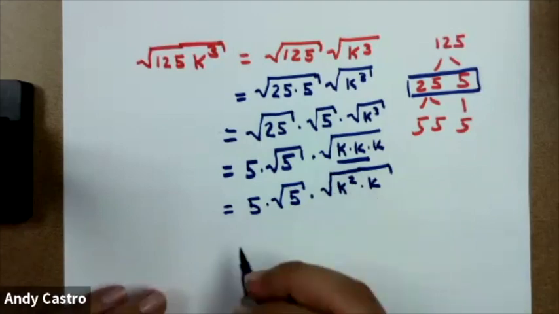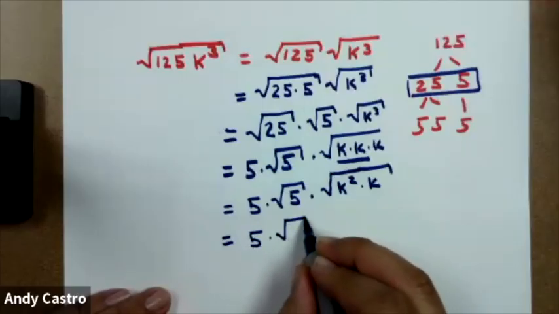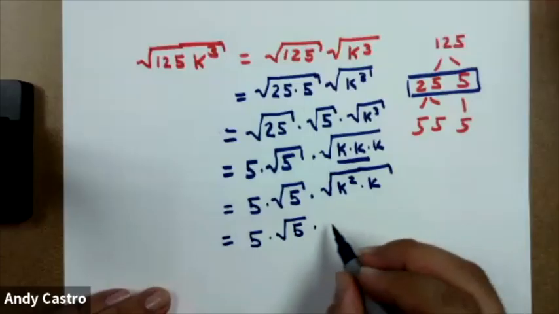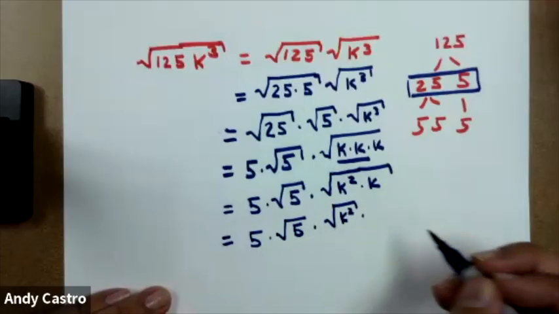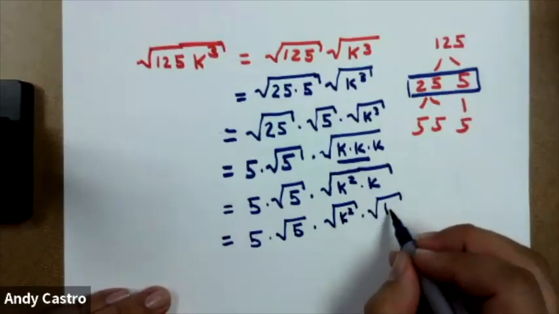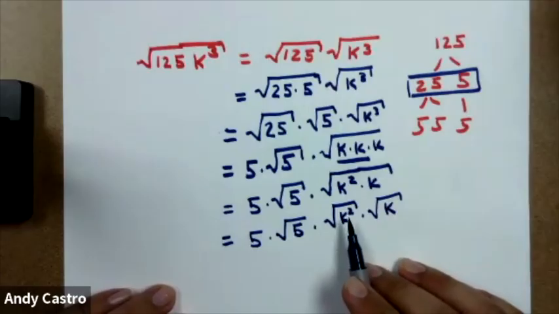So let me split this up over the radical as well, so you can see that. Square root of k squared times the square root of k. Square root of k squared is just k.